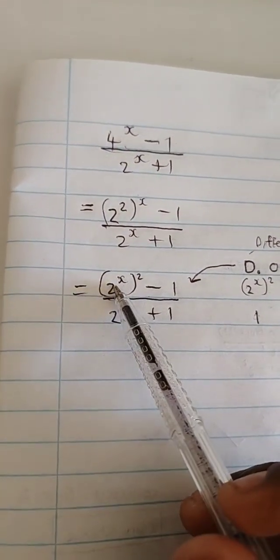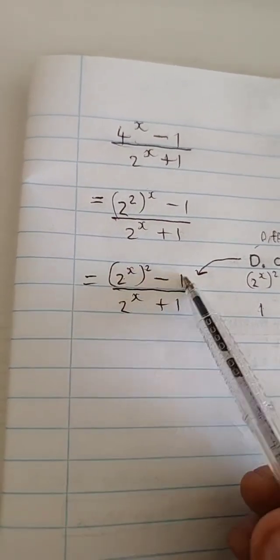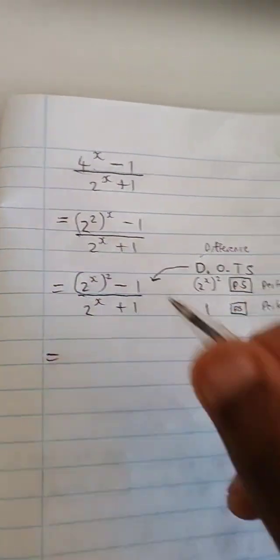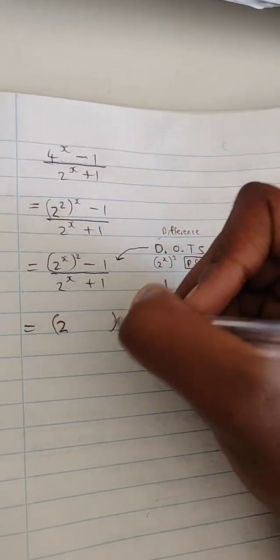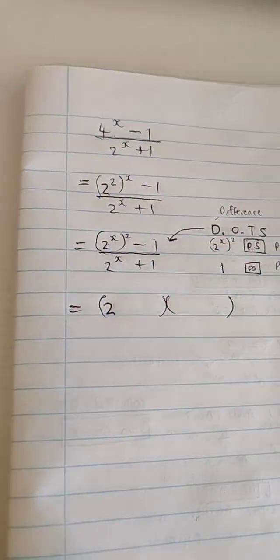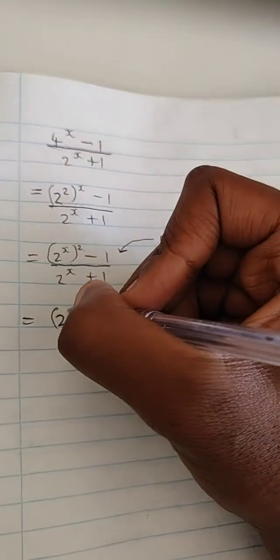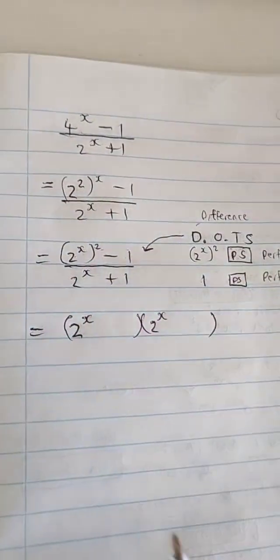How many 2 to the power x's do we have here? We have 2 of them. That's a perfect square, and 1 is also a perfect square. So I'm going to, in the numerator, apply that factorization. I open 2 brackets. There are 2 to the power x's, so I'm going to say 2 to the power x times another 2 to the power x.